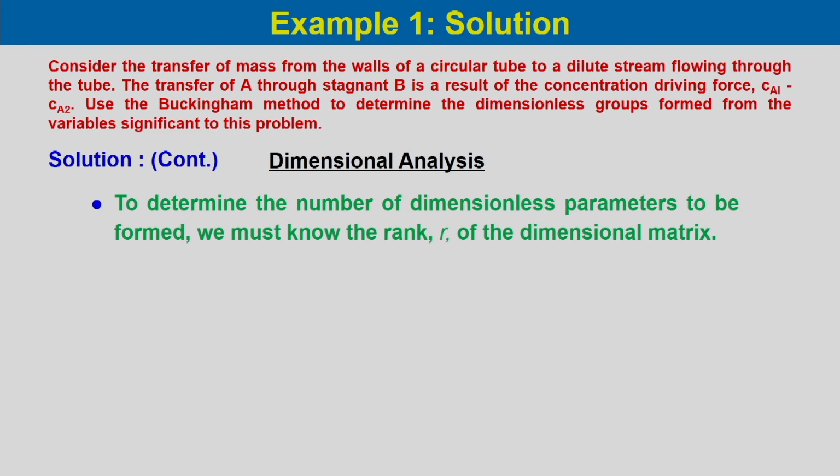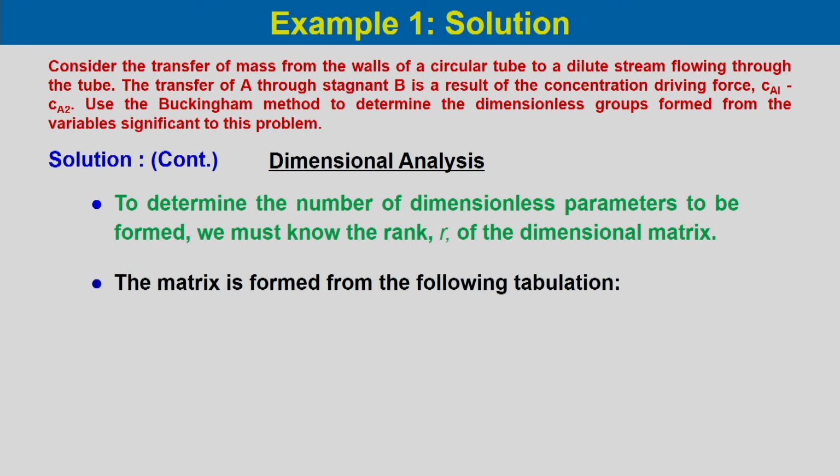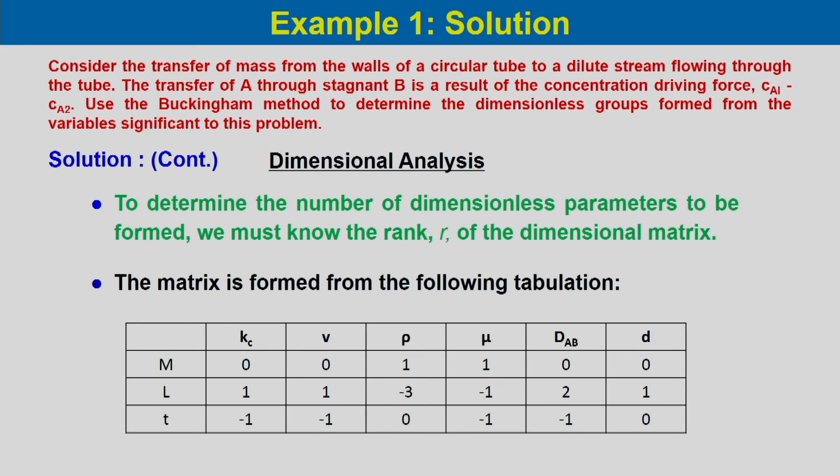Now, to determine the number of dimensionless parameters to be formed, we must know the rank r of the dimensional matrix. The matrix is formed in the following tabulation. You can see that if we write Kc, which is length per time, it is L is 1, time is minus 1.